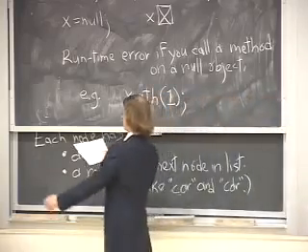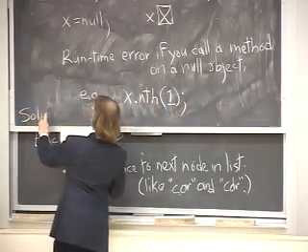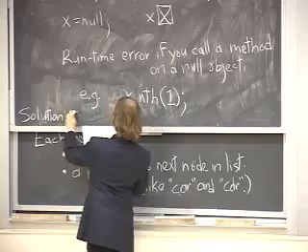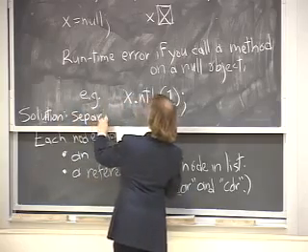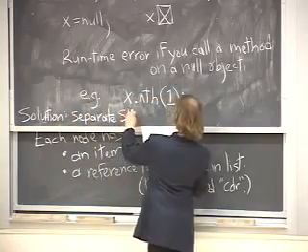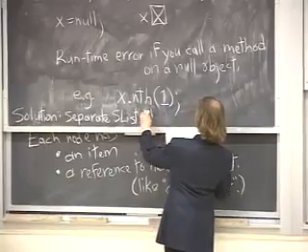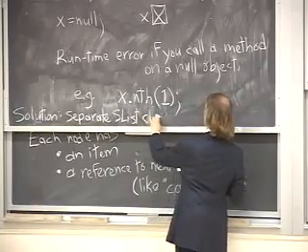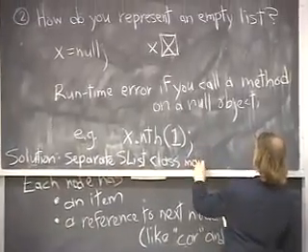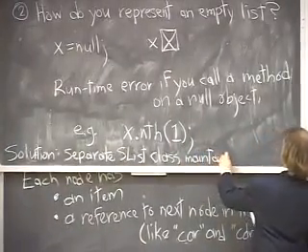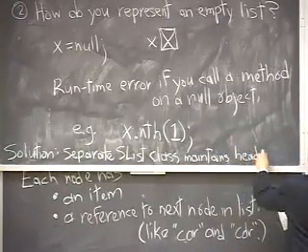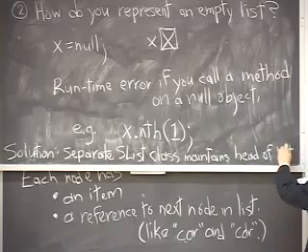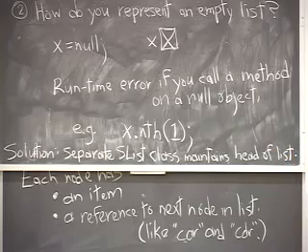So the solution to these two problems is a separate SList class that maintains the head of the list, and whose job is to maintain the head of the list in a separate data structure.